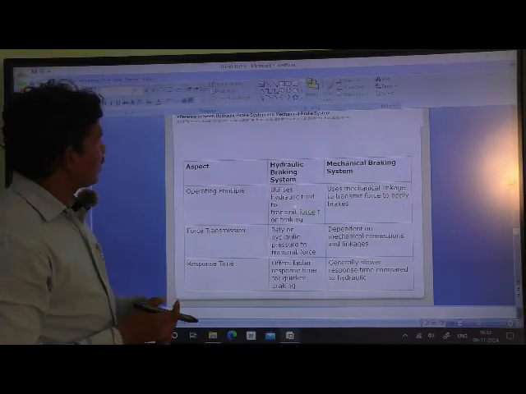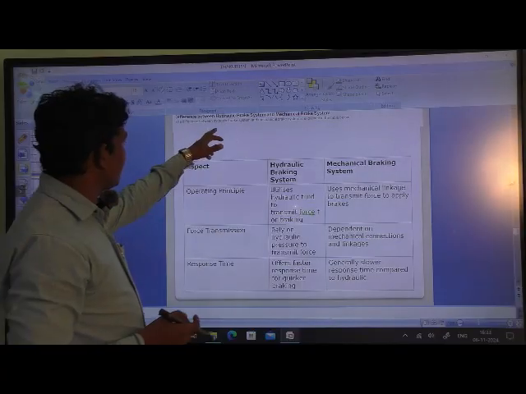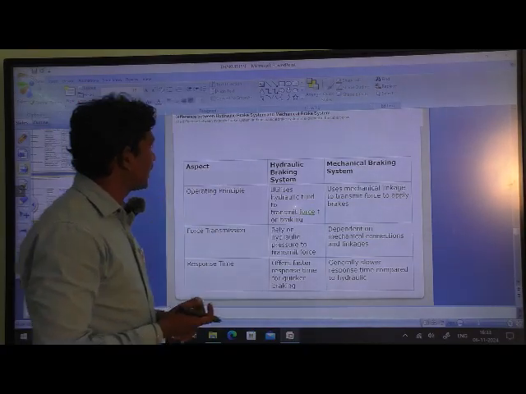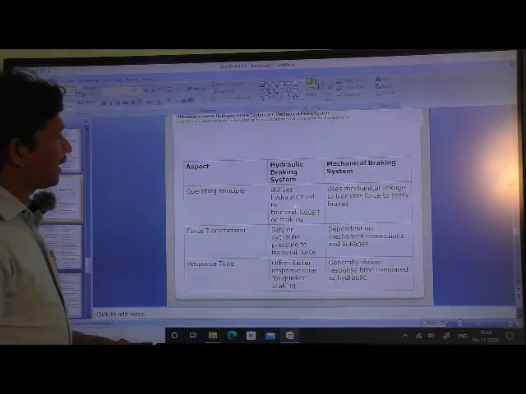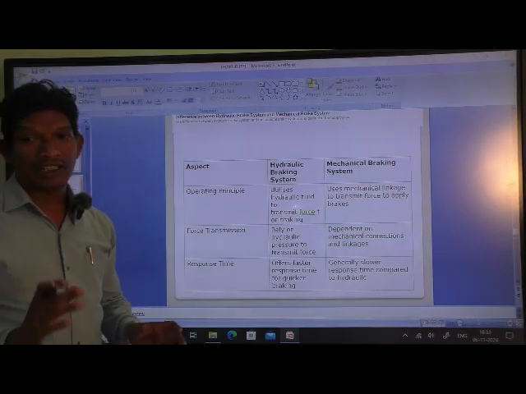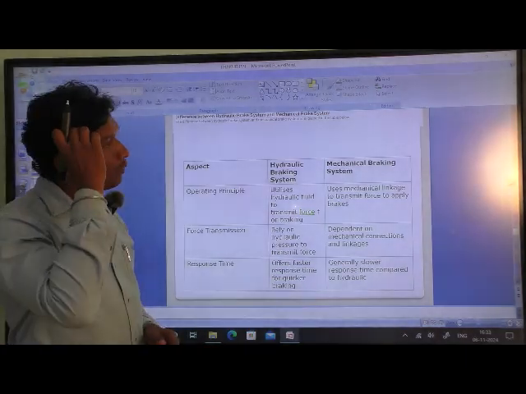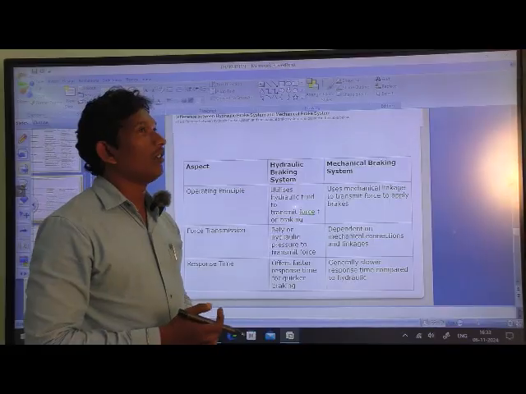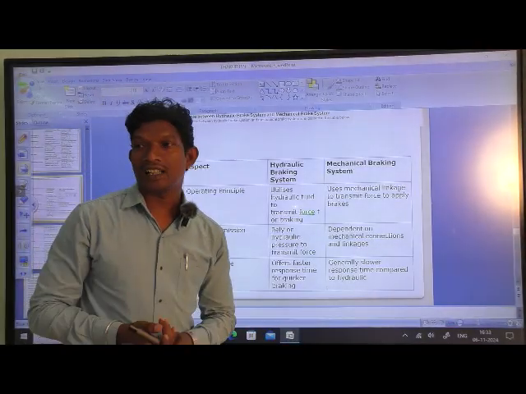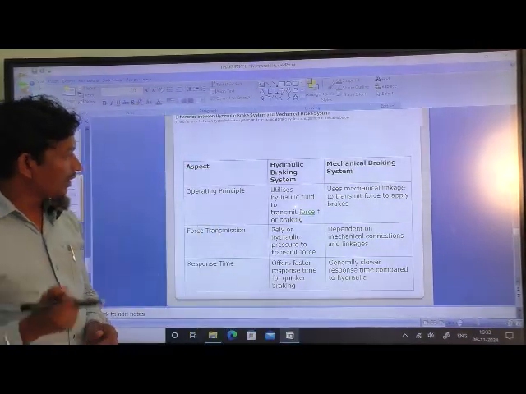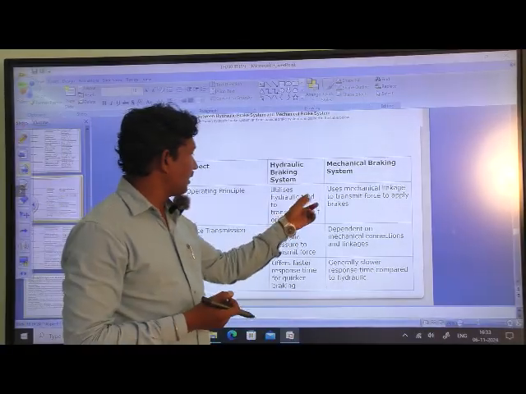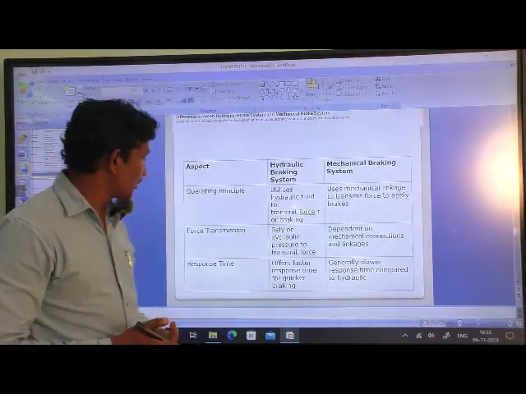Another difference is between the hydraulic braking system and the mechanical braking system. In the mechanical braking system, we use links, as you may see in a bicycle, where links are used for operating the brakes. But in the hydraulic case, we use fluid.